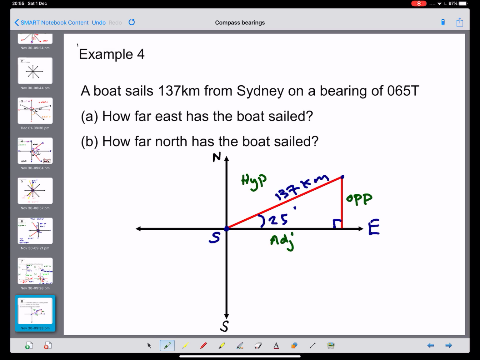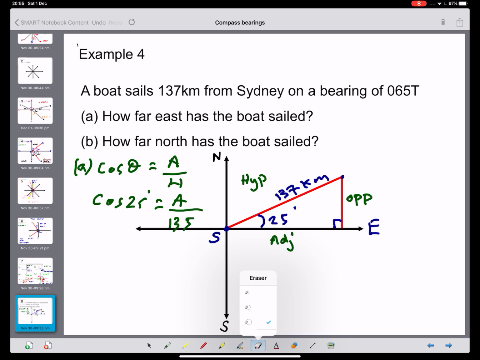So we're going to be using cos. For A, cos theta is adjacent over hypotenuse. So let's input everything. We've got 25 degrees, the adjacent we need to find, and we know the hypotenuse is 137.